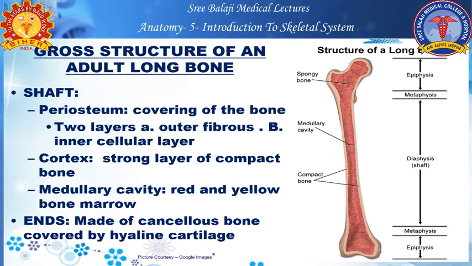The shaft of the bone has an outer cortex, which is a strong layer of compact bone, and a medullary cavity which has either yellow or red bone marrow. The ends of the bones are made up of cancellous bone, which is covered by hyaline cartilage at the joints.